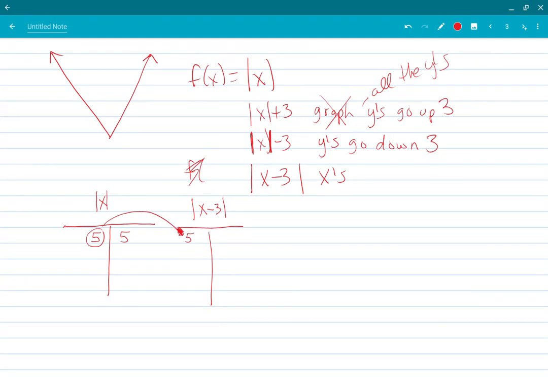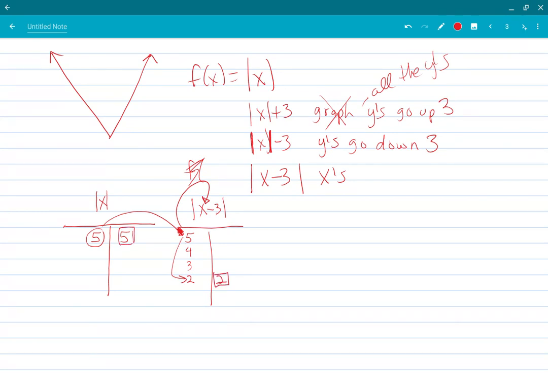So when the 5 goes in, what happens to that 5? Does it stay 5 or does it get reduced? It gets reduced by 3. So the 5 actually becomes a 2, and then the output is 2.